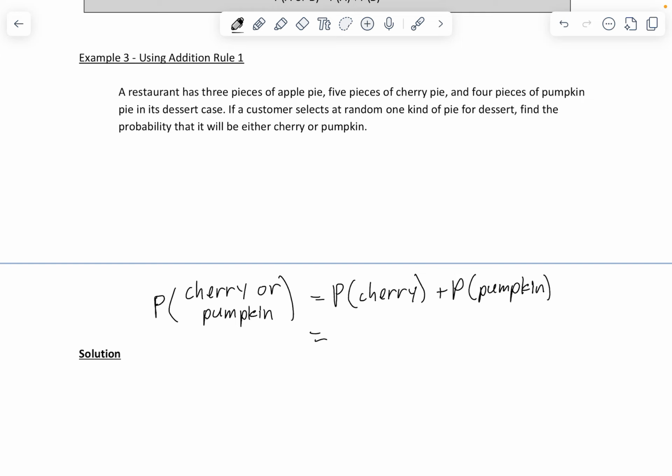Of the 12 pieces of pie, 5 of them are cherry, so the probability of selecting cherry would be 5 out of 12. Of the 12 pieces, 4 of them are pumpkin, so the probability of selecting pumpkin is 4 out of 12. These fractions add up to 9 out of 12, and that reduces down to 3/4.